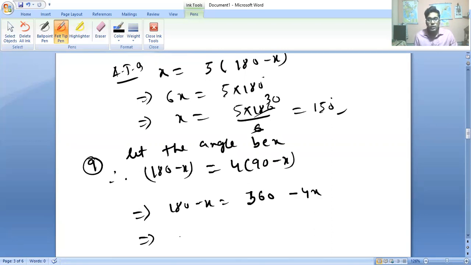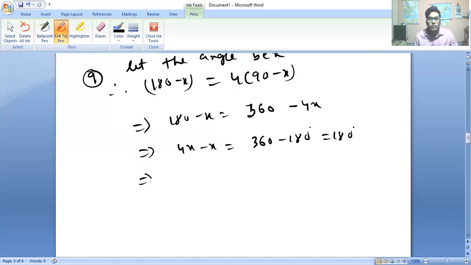So 4x goes here, so 4x minus x. 180 goes here, so 360 minus 180 becomes 180 degrees. That means 3x will become 180 degrees, that means x will become 60 degrees. So that's the answer.